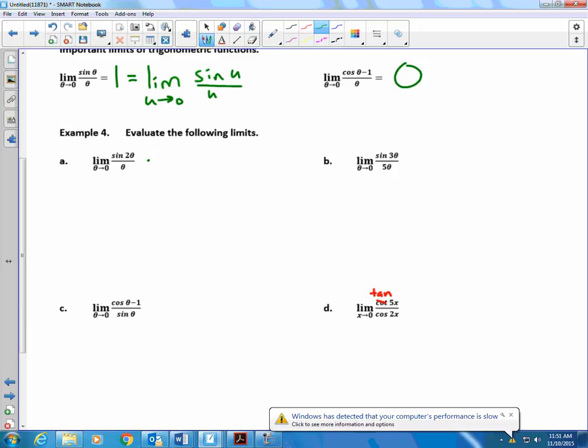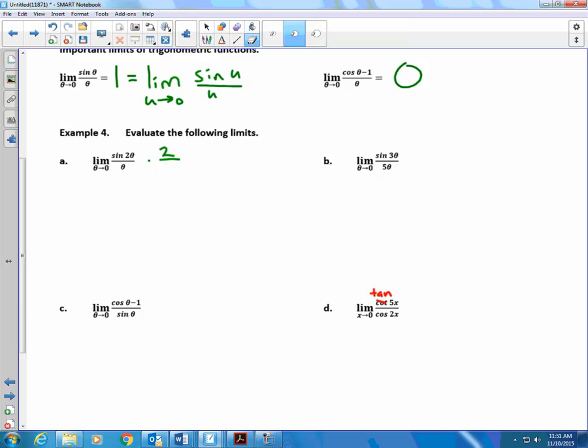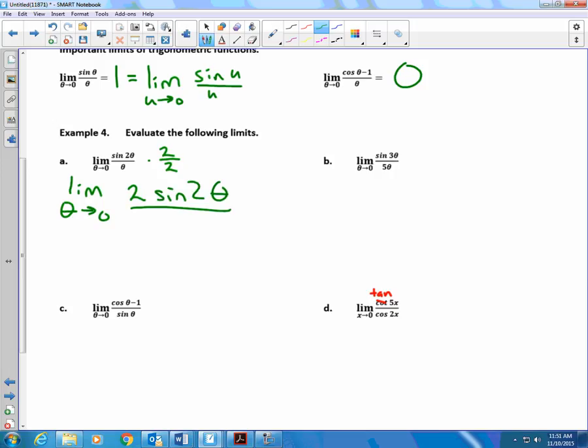So I'm going to multiply, because if there was a 2 theta, then what would the limit be? 1. So I'm going to get a 2 in the denominator. And we do that by multiplying the numerator by 2 and the denominator by 2. And if I do that, I get the limit as theta goes to 0 of 2 sine of 2 theta over 2 theta, right?